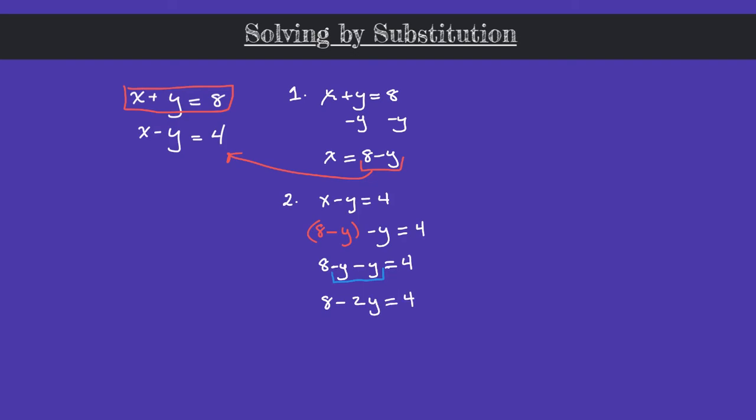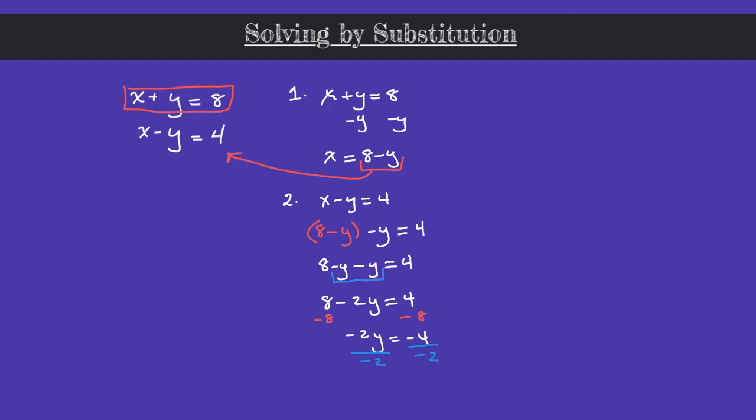Now let's go ahead and solve for y, which is our goal in this second step, or solving for the other variable. So we can subtract 8 from both sides, and we end up with negative 2y is equal to negative 4. And then we can divide by negative 2.